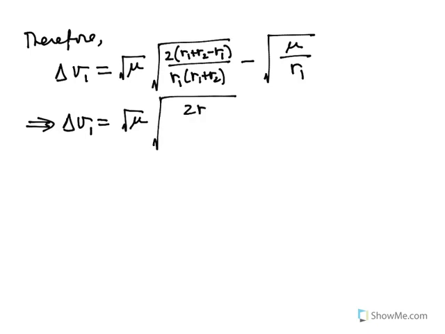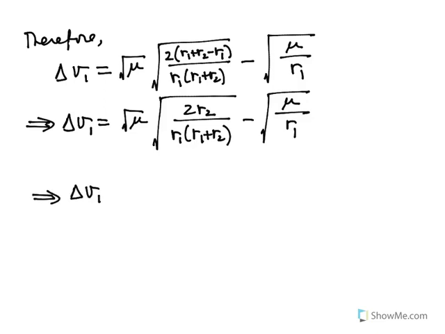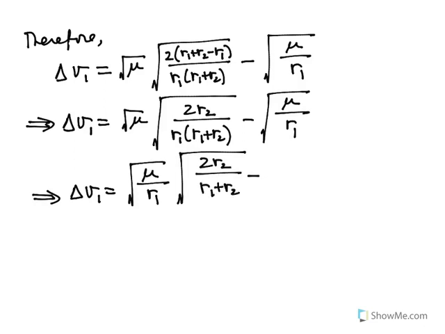Well, I've got 2r2 all divided by r1 times r1 plus r2, minus the square root of mu over r1, which then simplifies to delta v1 is equal to the square root of mu over r1 times the square root of 2r2 over r1 plus r2, minus the square root of mu over r1.